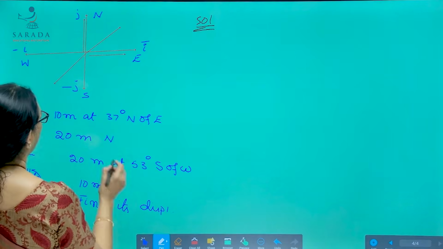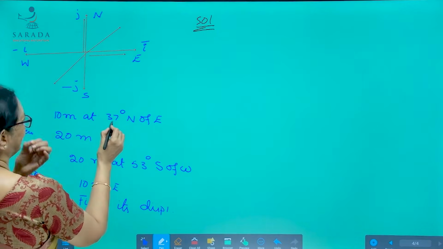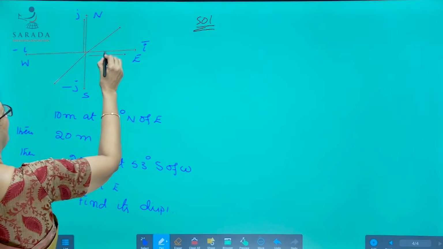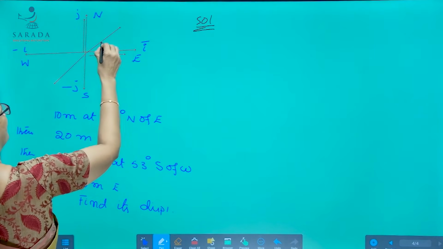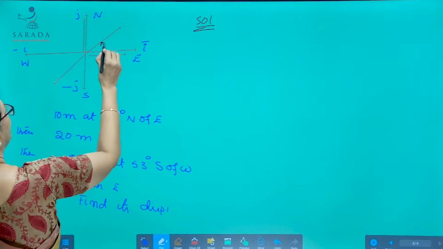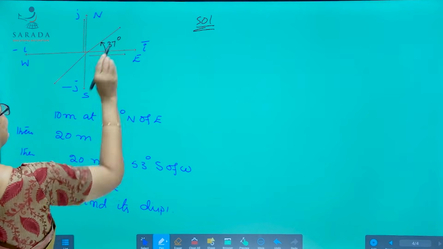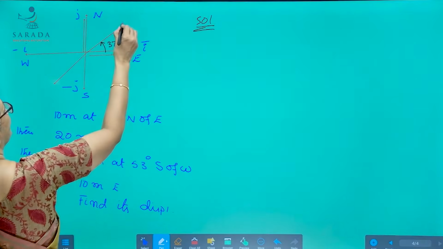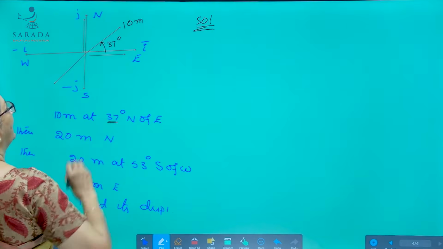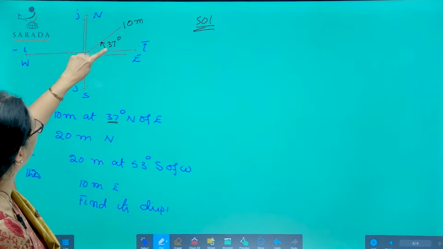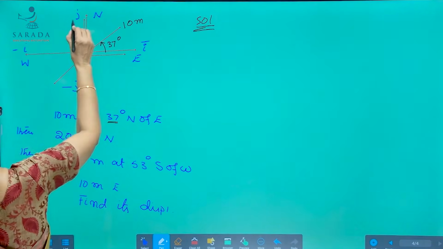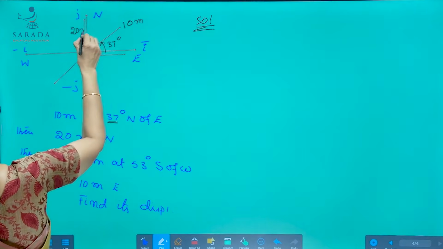Now look here. 10 meters at 37 degrees north of east. We have to start from east and move towards north through an angle of 37 degrees. So the first displacement is 10 meters at an angle 37 degrees north of east. Second is 20 meters north.